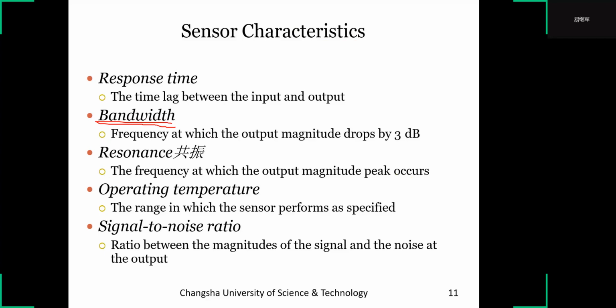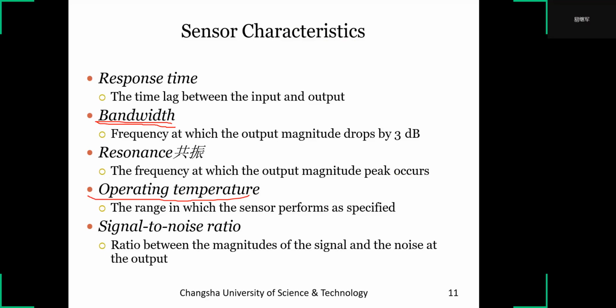Operating temperature is the range in which the sensor performs as specified, the temperature range in which the device works normally.